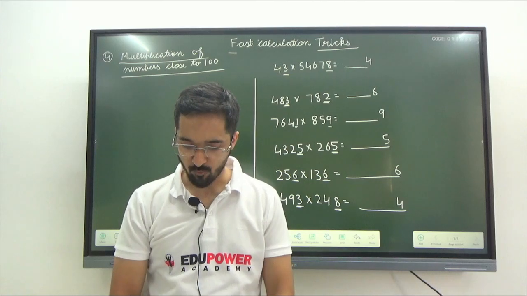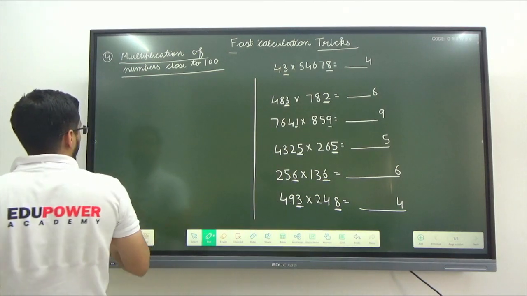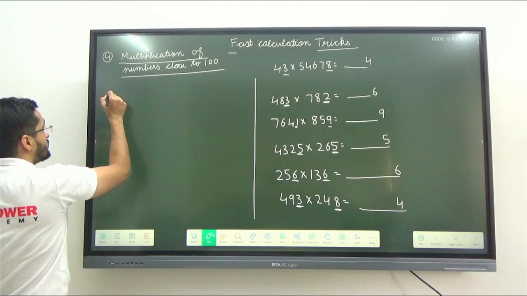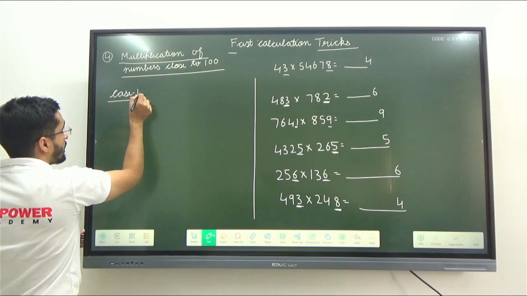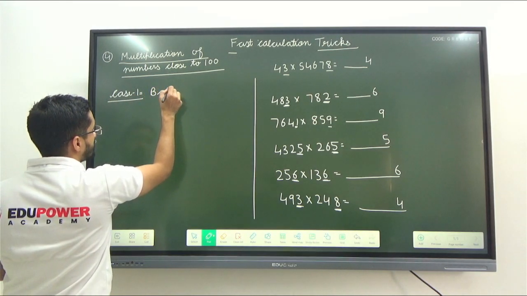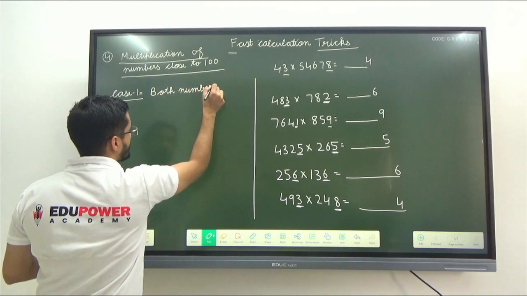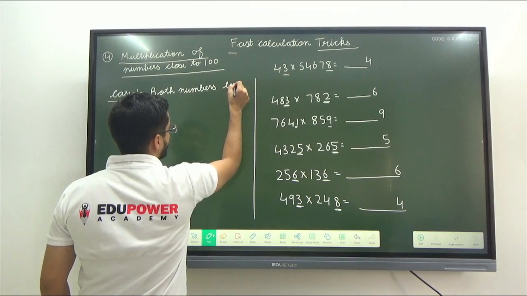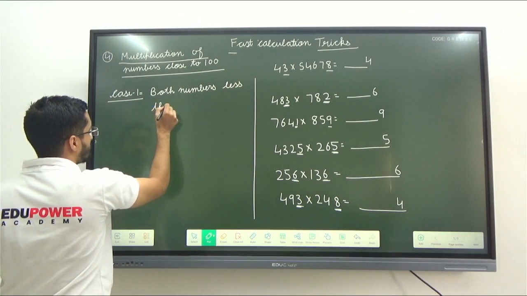The first case is when both the numbers are less than 100. So, case 1: both numbers are less than 100.